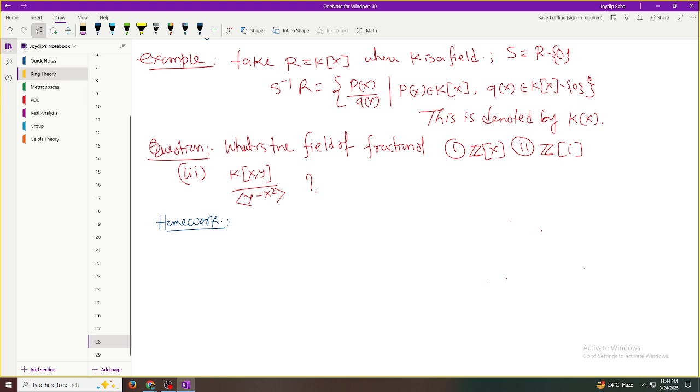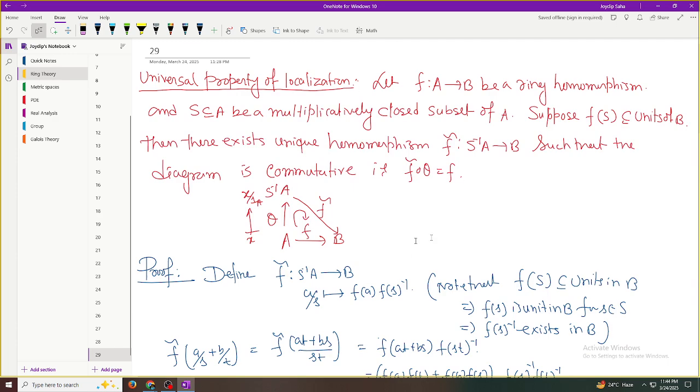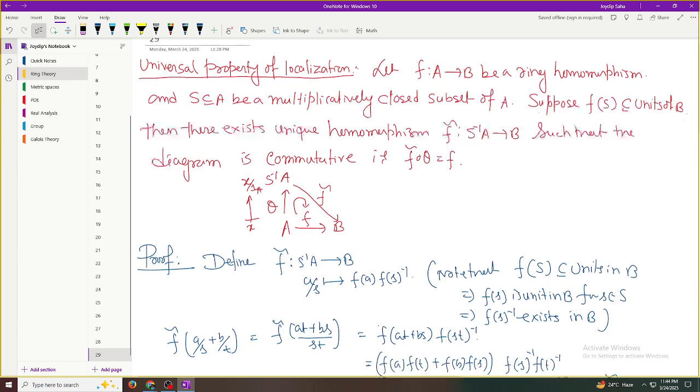So here the universal property will help you.